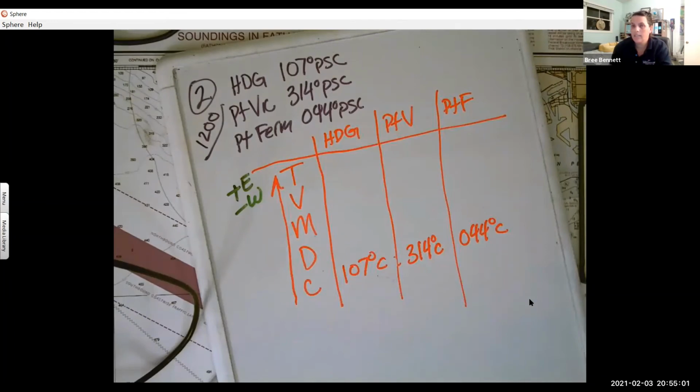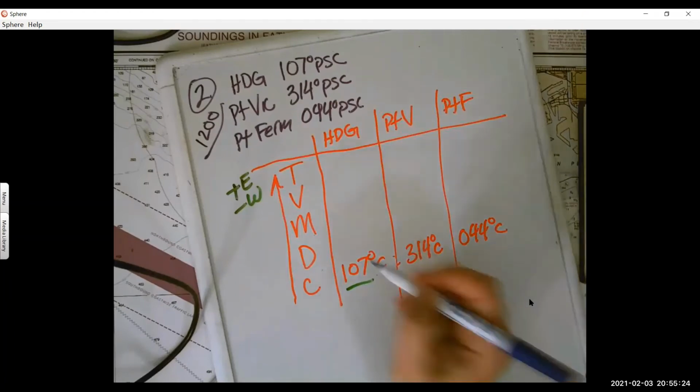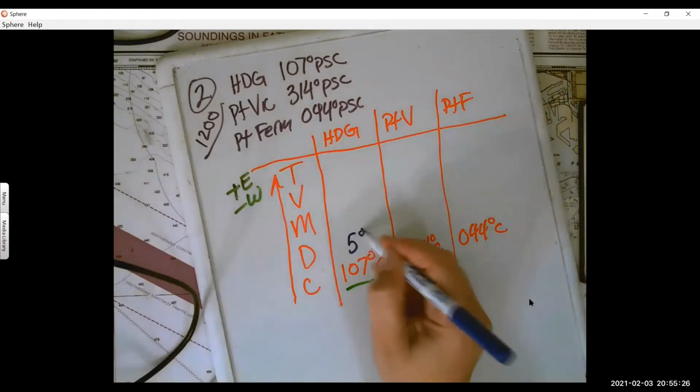So our first step here is to figure out what our deviation is. So for a compass heading of 107, what is our deviation? Five east. Here we go. 5 east.